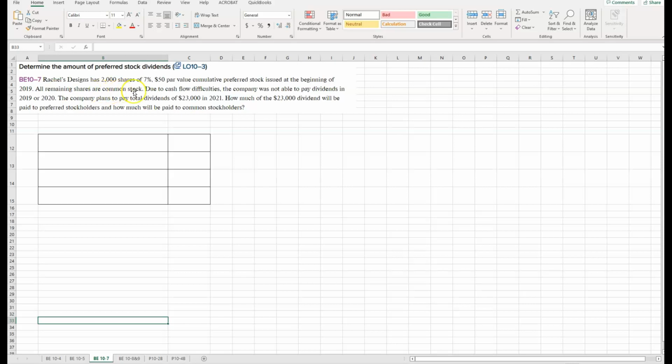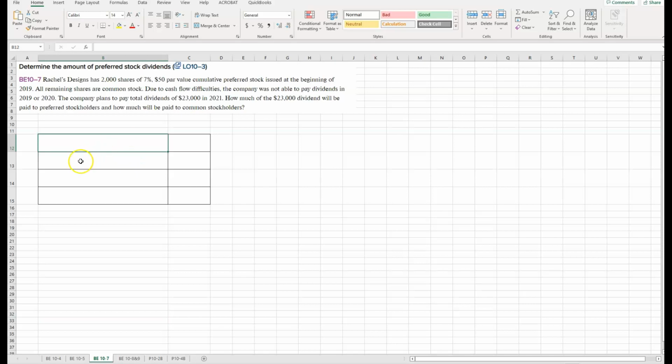All remaining shares are common stock. Due to cash flow difficulties, the company was not able to pay dividends in 2019 or 2020. They plan to pay total dividends of $23,000 in 2021. How much of that $23,000 will be paid to preferred and how much to common?